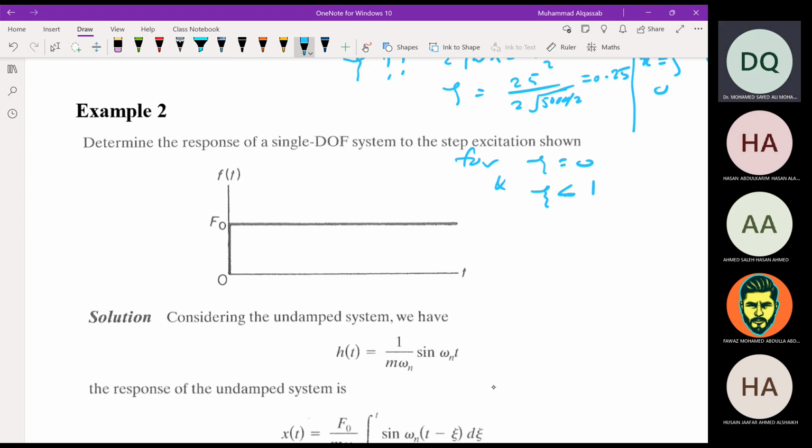You will use it up to T equal to T1. But when you put this in the equation with the principle of superposition, you will use it with T greater than T1. So you have to cancel the effect of T greater than T1 that comes from F1.